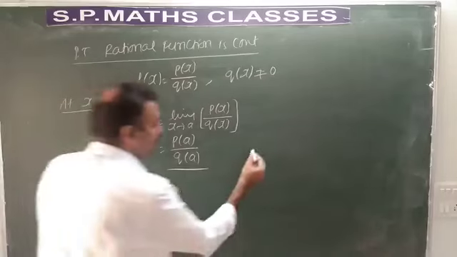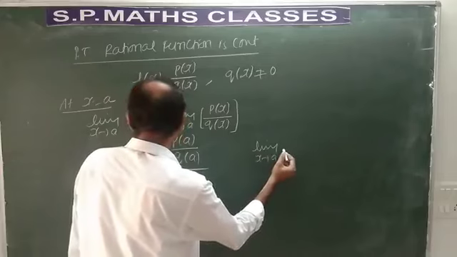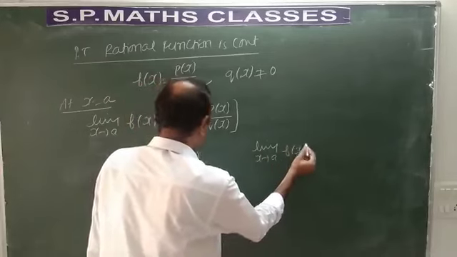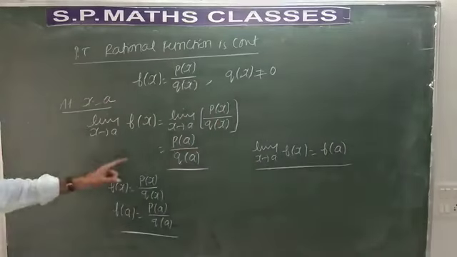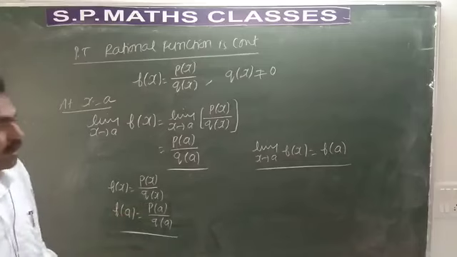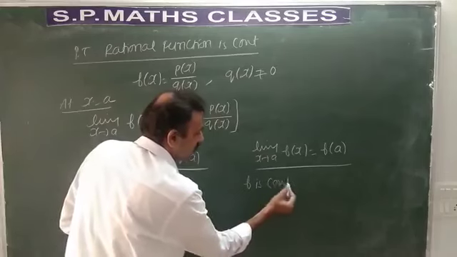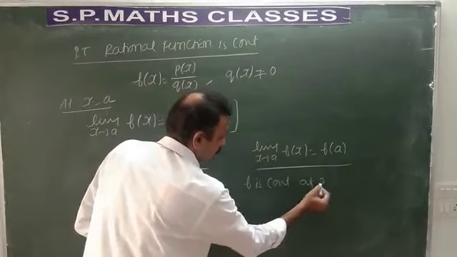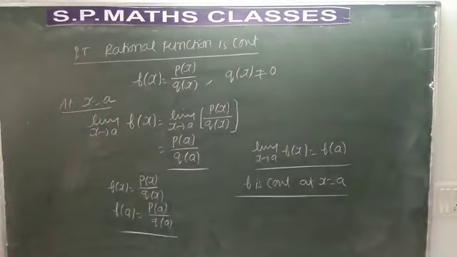Let me conclude. Limit as x tends to a of f of x is equal to f of a. Limit as x tends to a of f of x is p of a by q of a, and f of a is also p of a by q of a. So I write f is continuous at x is equal to a. In general you can state that every rational function is continuous.